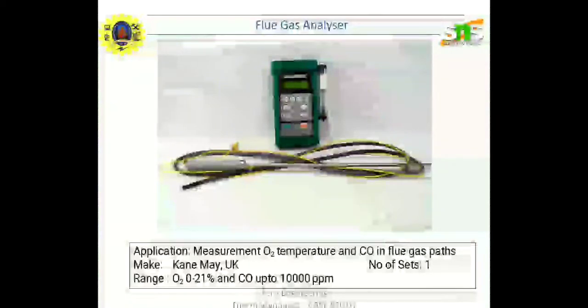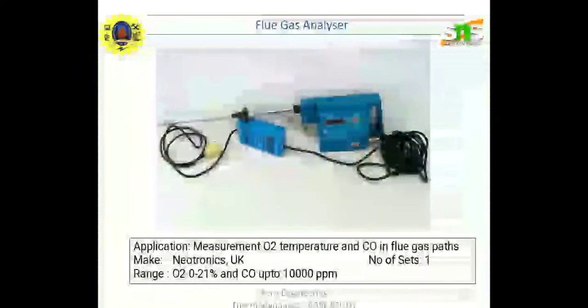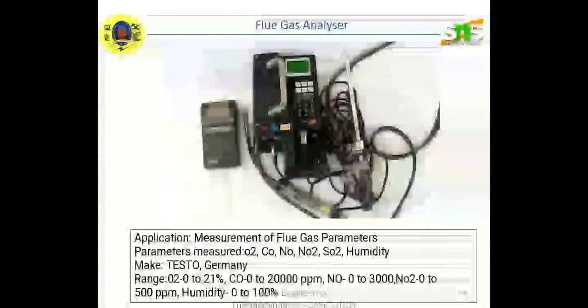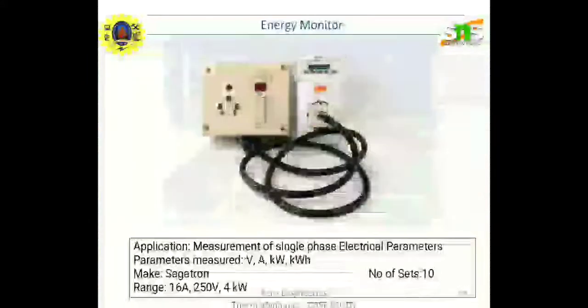The range is 0 to 21% and up to 10,000 ppm. Then a combustion gas analyzer, for flue gas measurement. Its range is 0 to 25%. The flue gas analyzer is used for measurement of flue gas parameters, and the range is 0.2 to 21%.